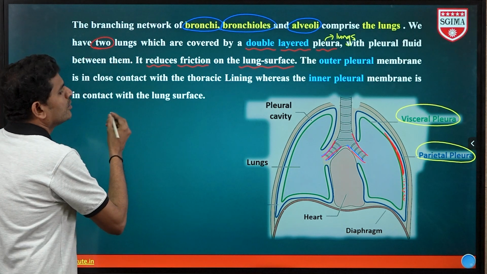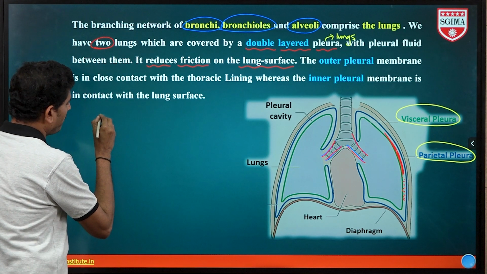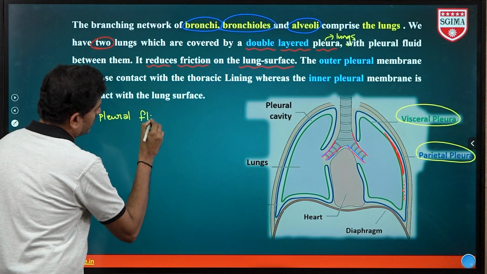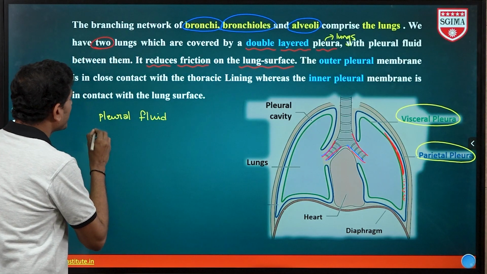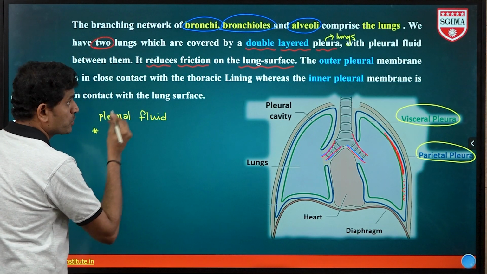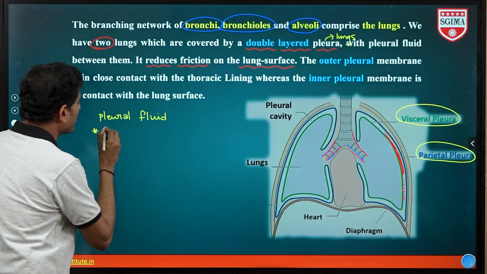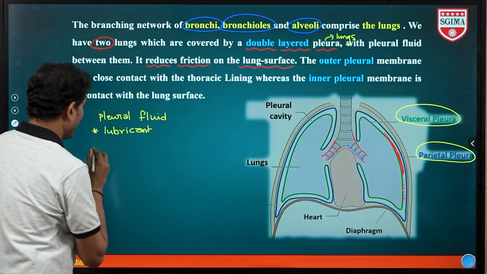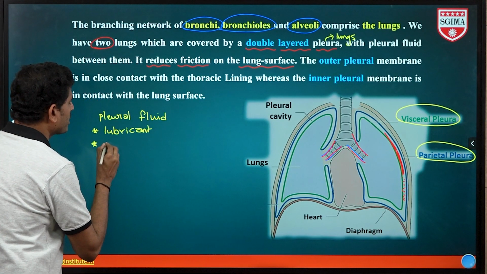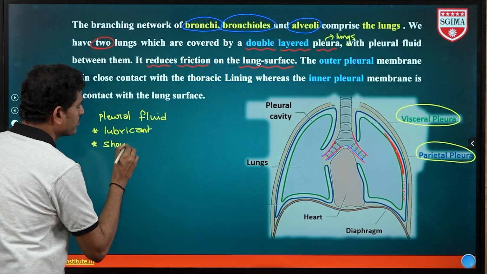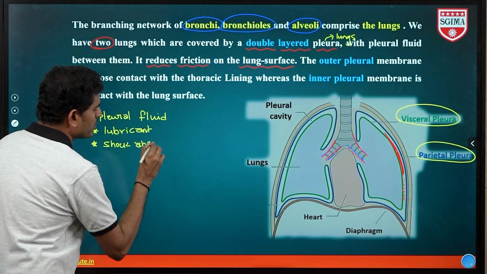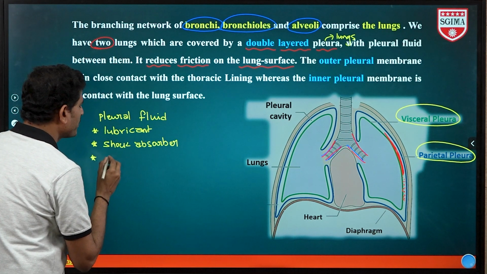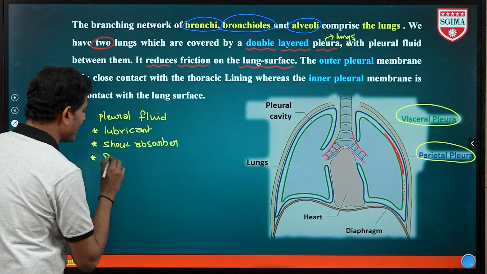The pleural fluid not only reduces friction, it acts like a lubricant, and it also acts like a shock absorber. Next, it prevents desiccation, meaning it prevents dehydration.